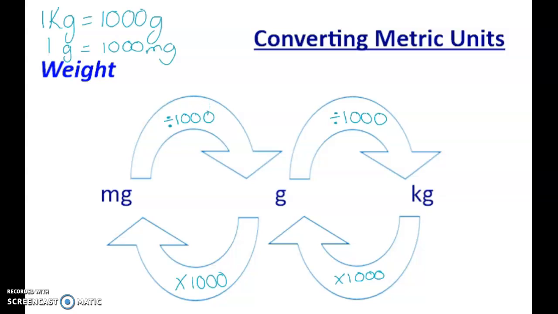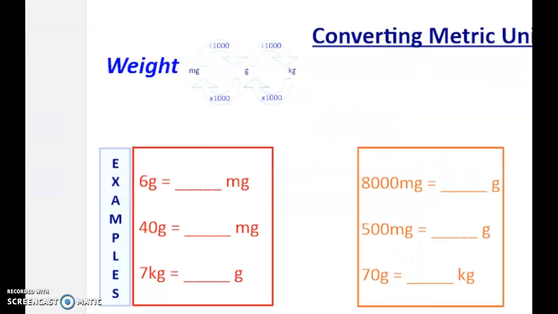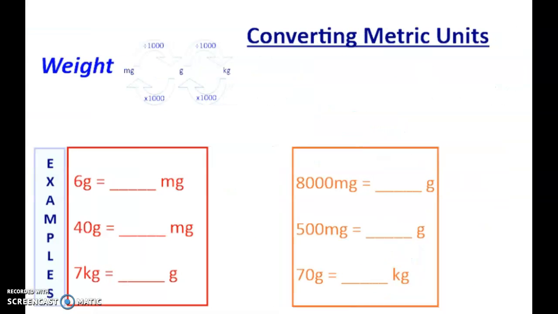Okie dokie. So let's have a look at some examples of this. I've got 3 nice, easy red examples, and then 3 bit trickier orange examples or amber examples. So my first one says 6 grams is how many milligrams?